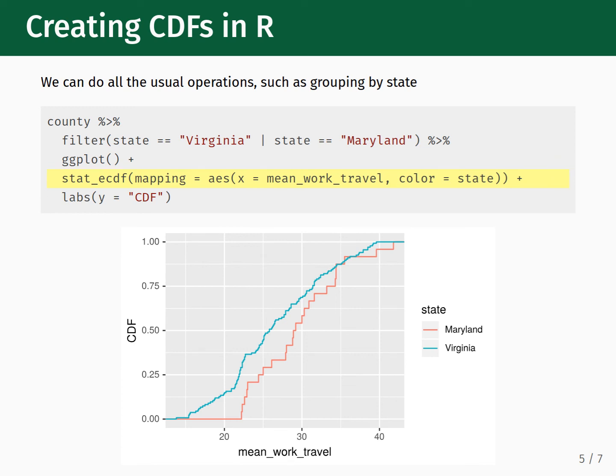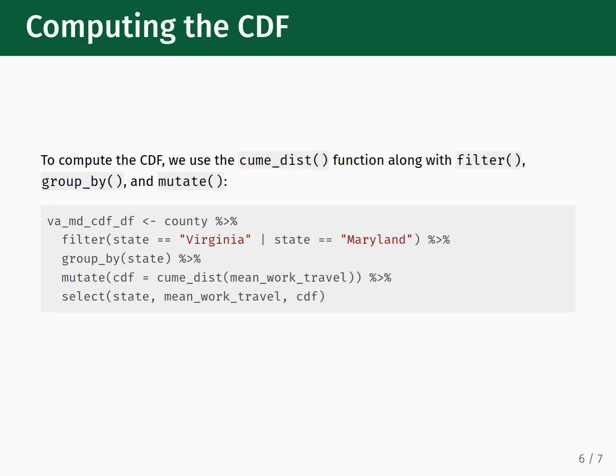If you need the numerical values of the cumulative distribution function, then you can access them by using the cume_dist function from dplyr. This code block shows how you would extract the cumulative distribution function for the average work travel times for Virginia and Maryland. We begin by filtering the dataset to only include Virginia and Maryland.